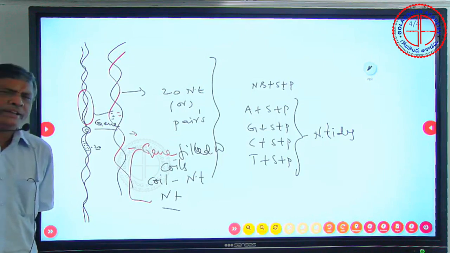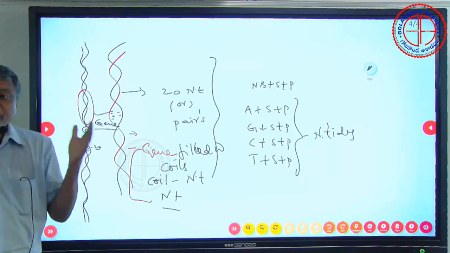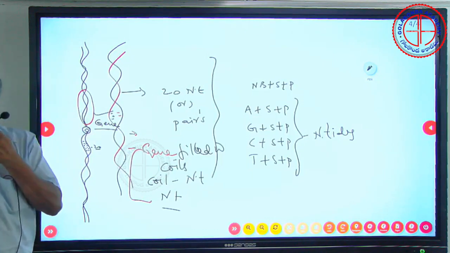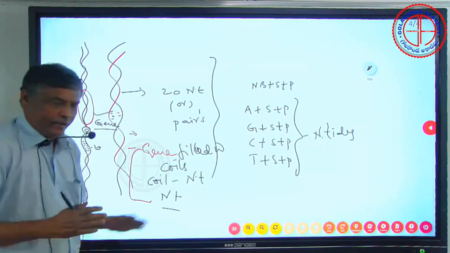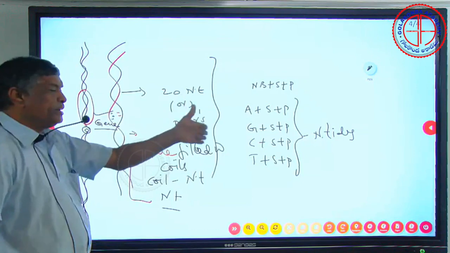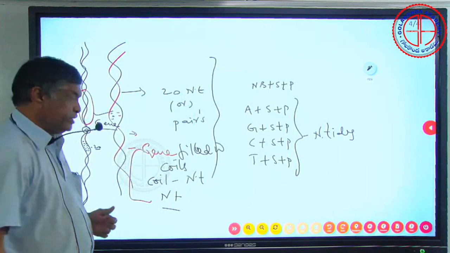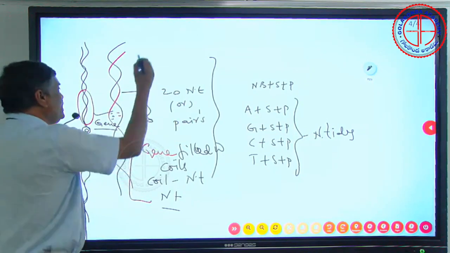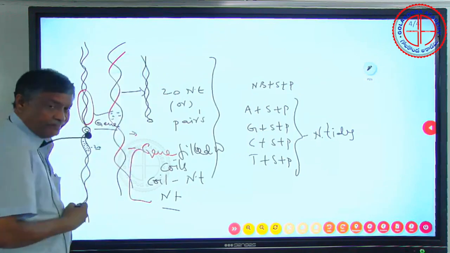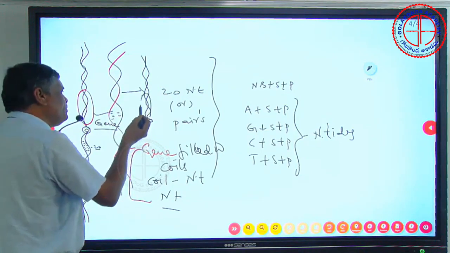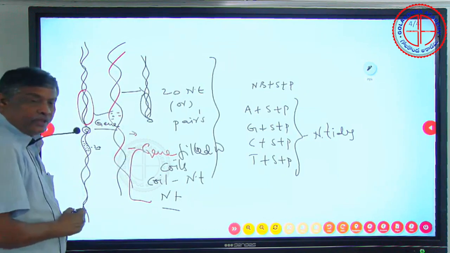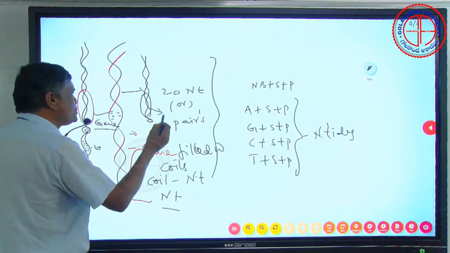How much part of DNA is considered as a gene? The gene is defined as the smallest part of DNA which determines a character.